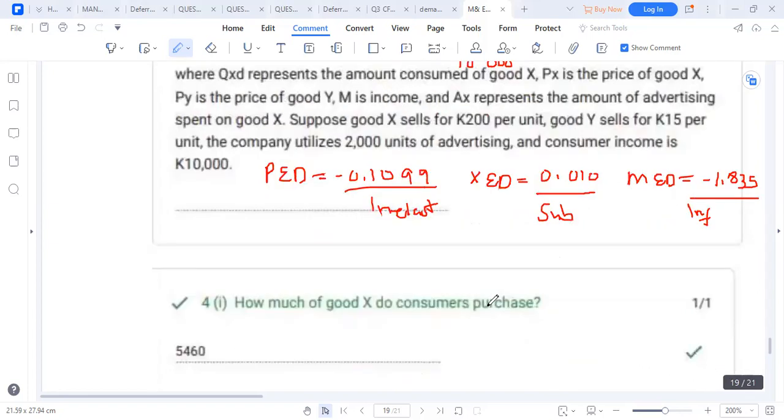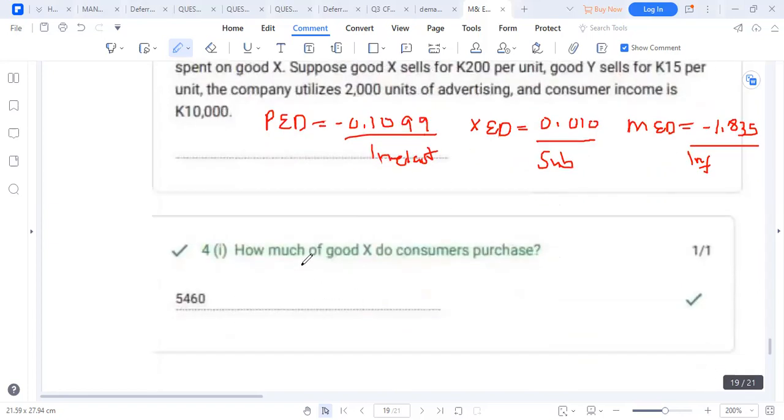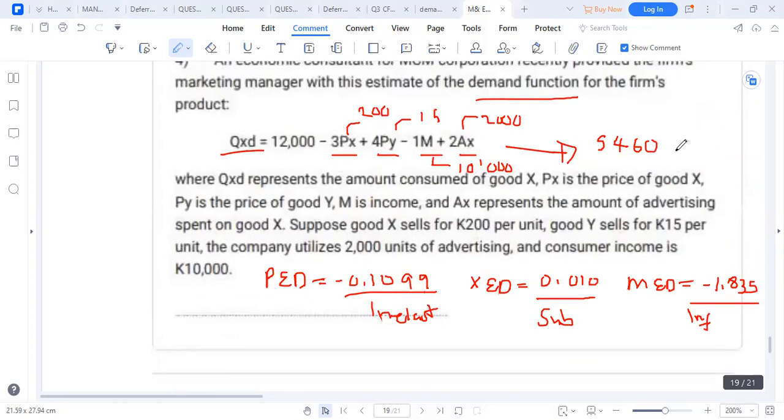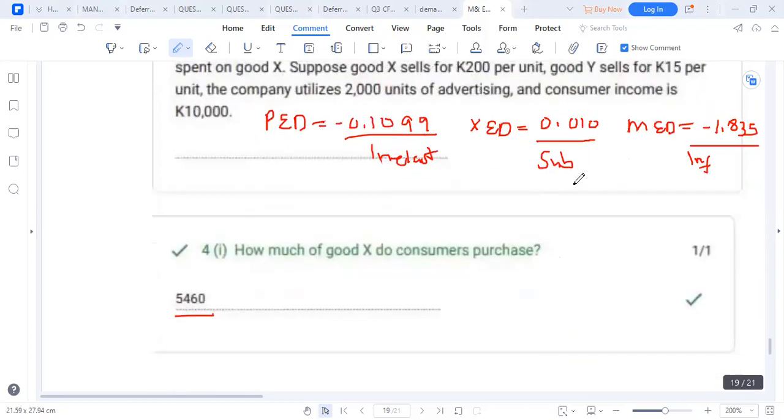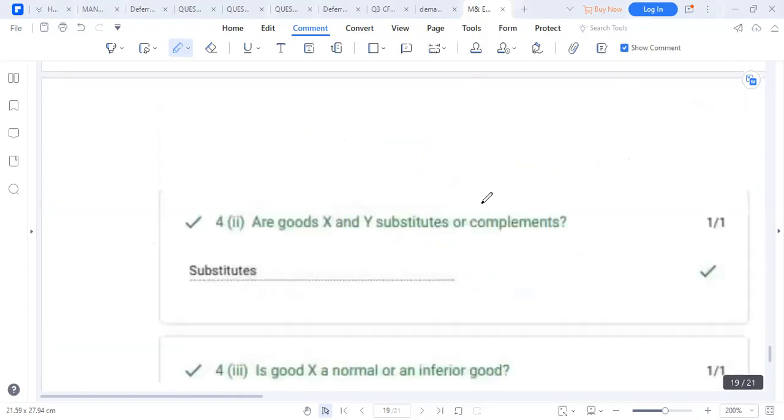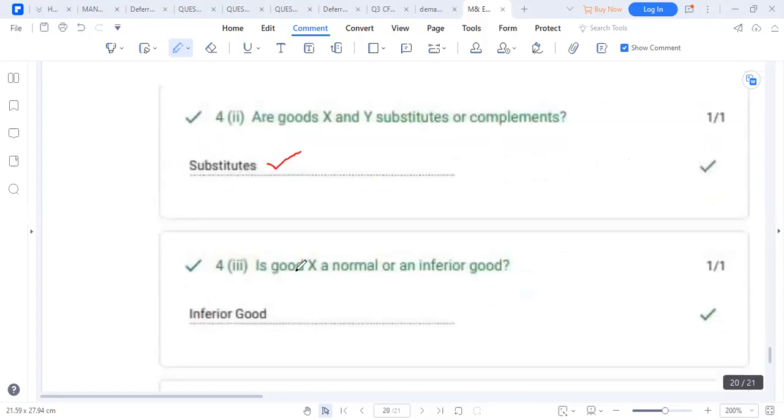Okay, let's look at how much of good X do consumers purchase. So 5460. Is that what you found? Oh, correct. Then are goods X and Y substitutes or complements? Substitutes. All right, you got it correct. Is good X a normal good or inferior good?